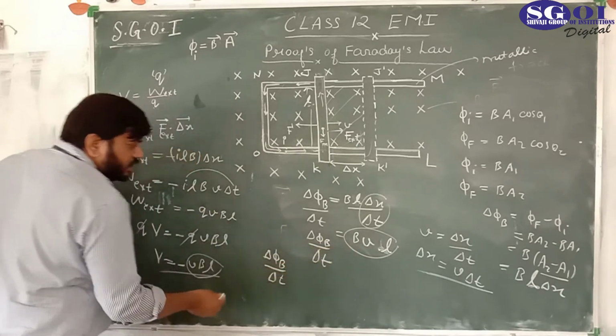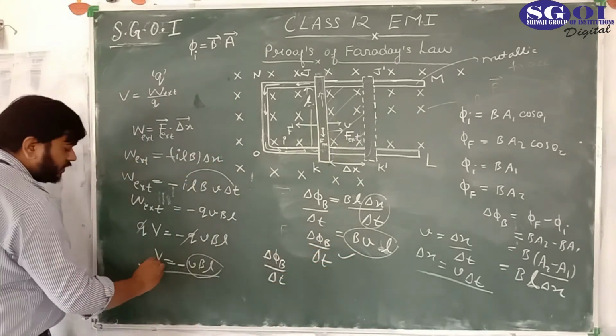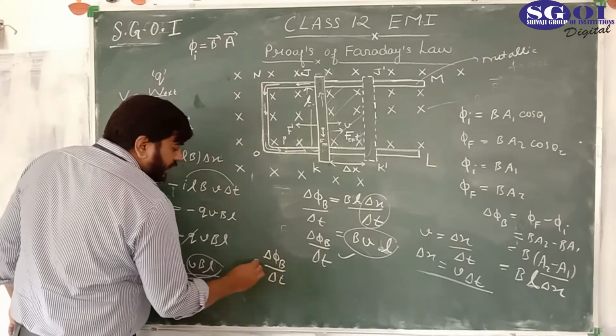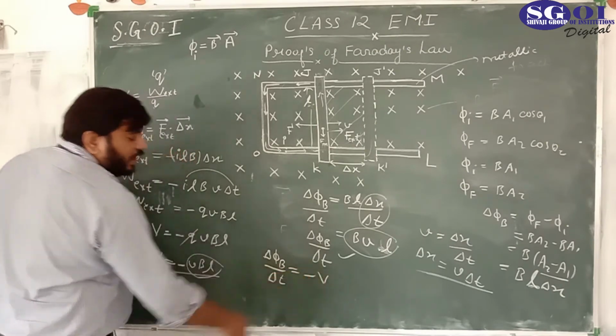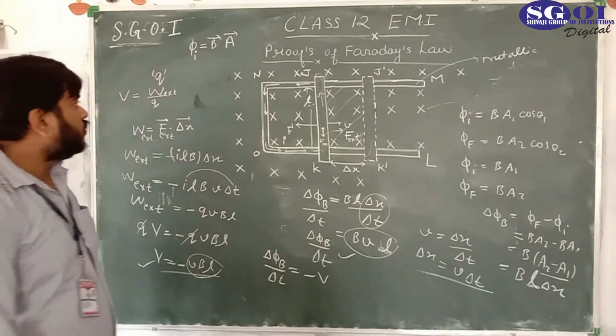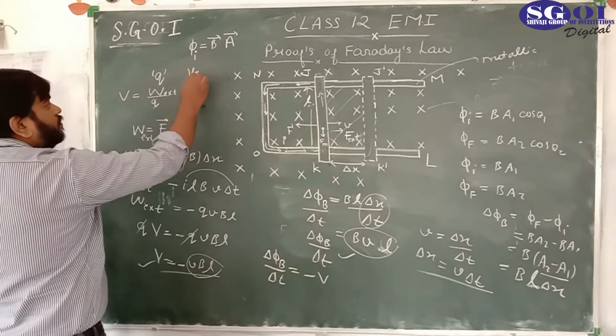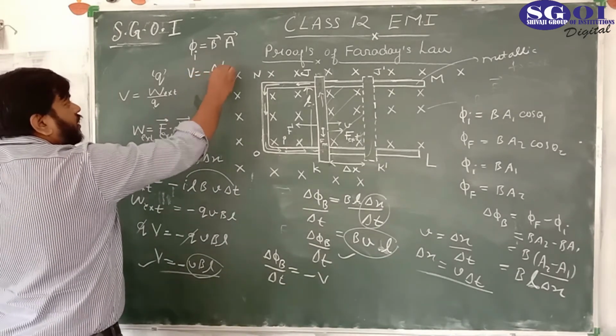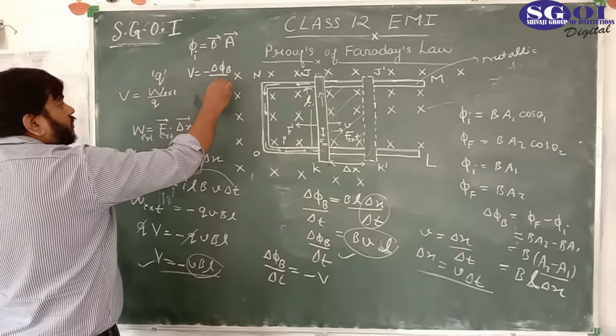From these two equations, delta phi B upon delta t equals minus V, the EMF induced. So finally V equals minus delta phi B upon delta t.